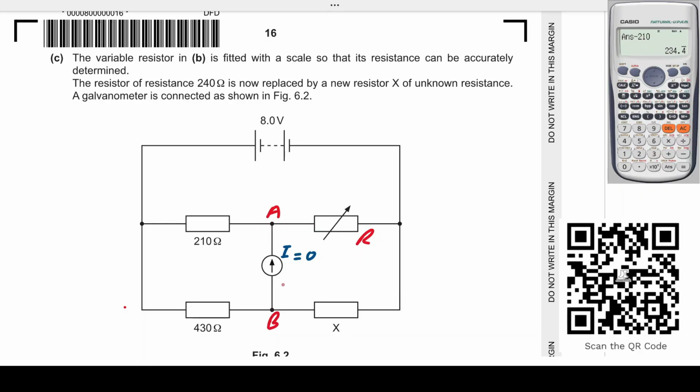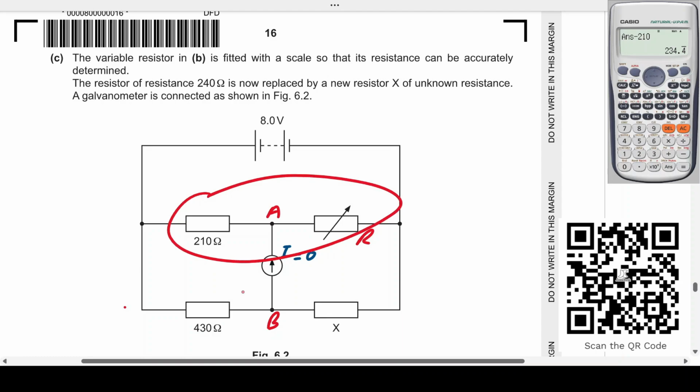That's why no current flows through the galvanometer. And if the potential difference is 0, the ratio of these two resistors is equal to the ratio of these two. You'll be getting the same answer.